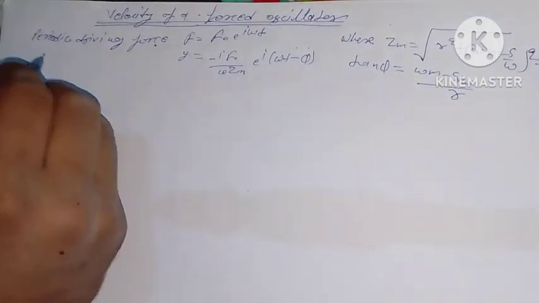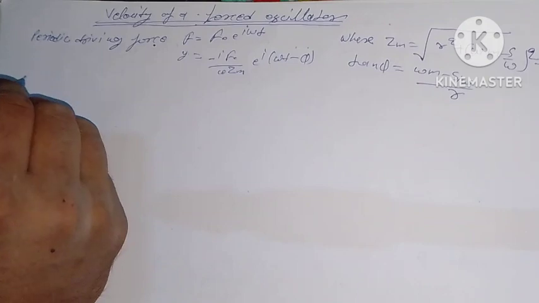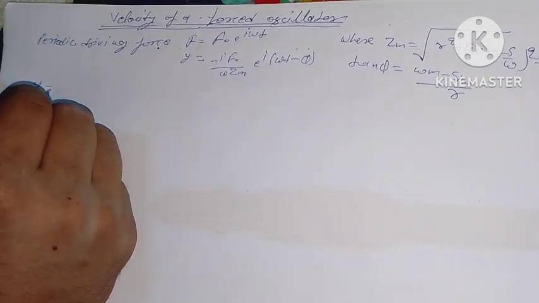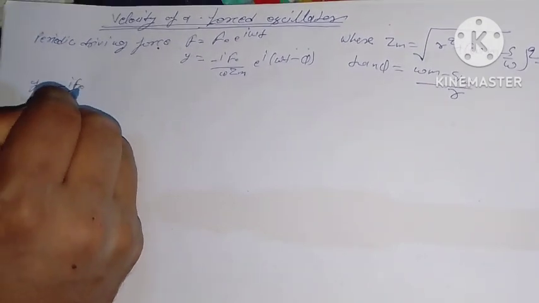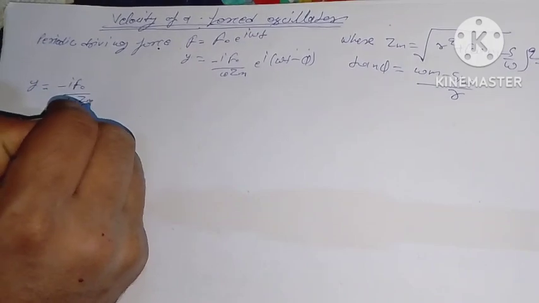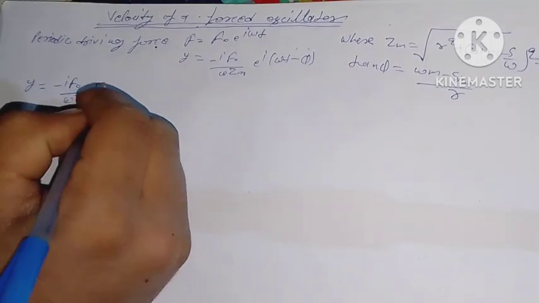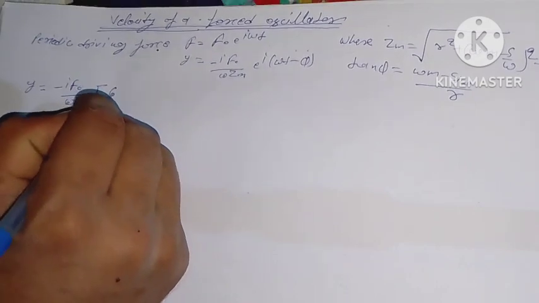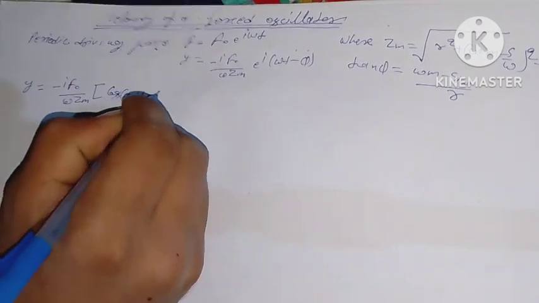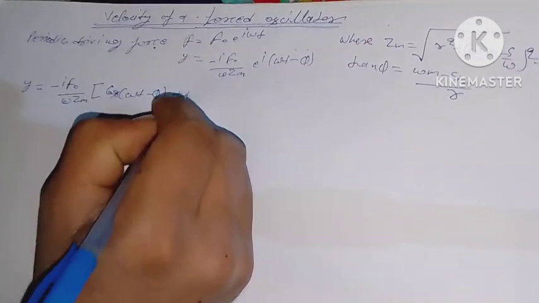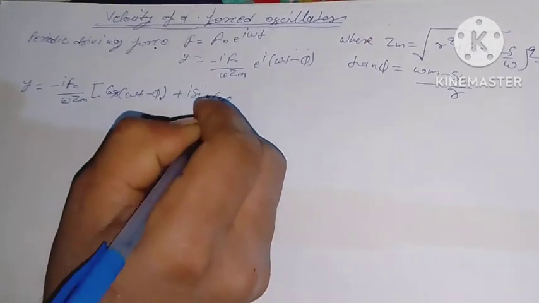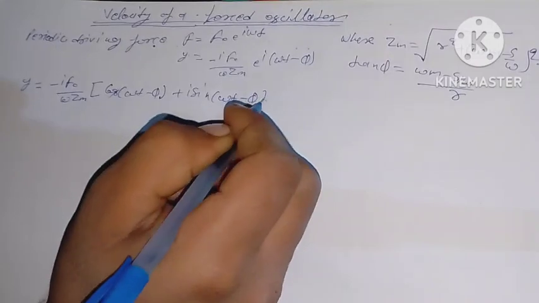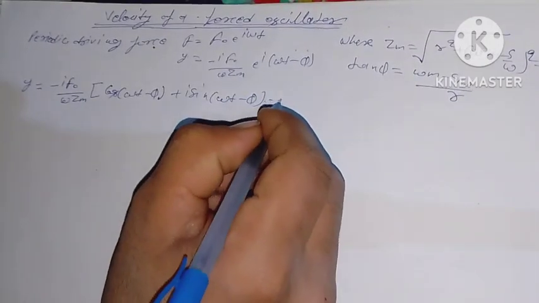Then y equal to minus i F naught upon omega Zm in bracket e to the power i omega t minus phi, which is cos omega t minus phi plus i sin omega t minus phi.